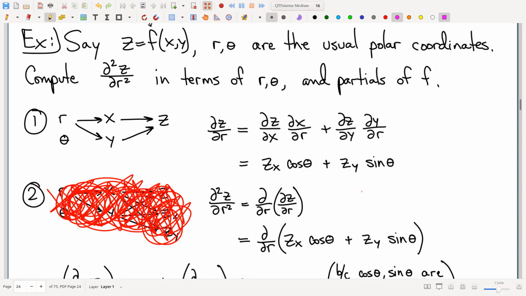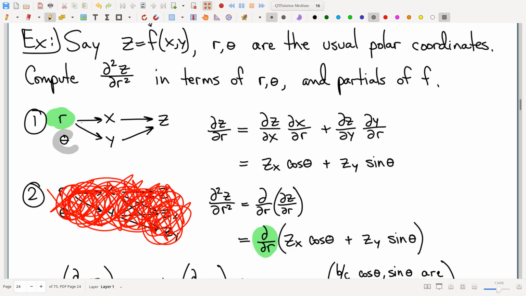Well, now here's a couple of observations. First of all, when you're taking a partial with respect to r, keep in mind one of the rules of partials is that all the other variables in that world are constant, and so r is in the same world as theta. So when we say partial with respect to r, we mean theta is a constant. Right? This is a really nice property of the diagram, by the way. The diagram reminds me of that, right?